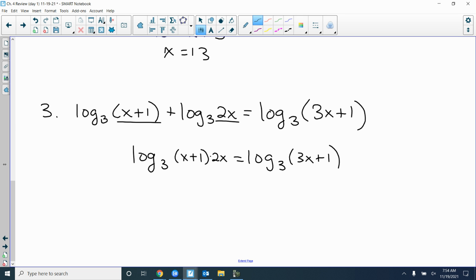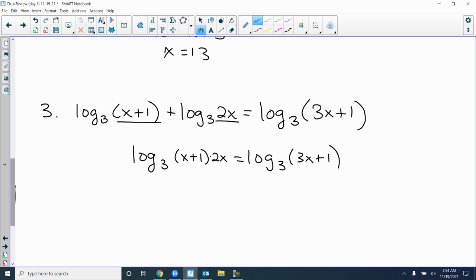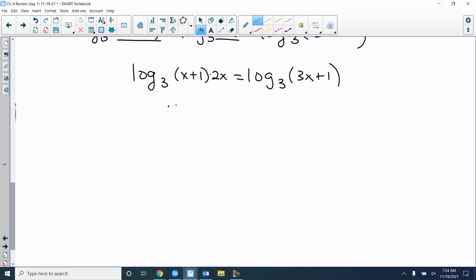So you have to condense that. Now, log base 3 of something equals log base 3 of a second thing. Set those equal. And yes, you can distribute that 2x, or at least for the first part, I'm going to put the 2x on the outside. All right, now there are no more logs.